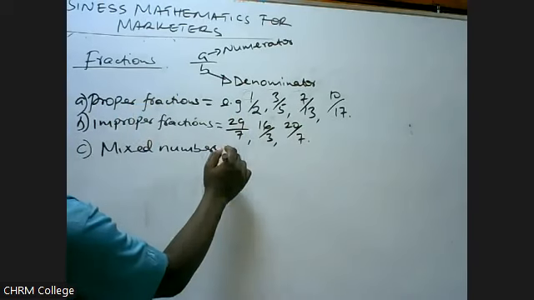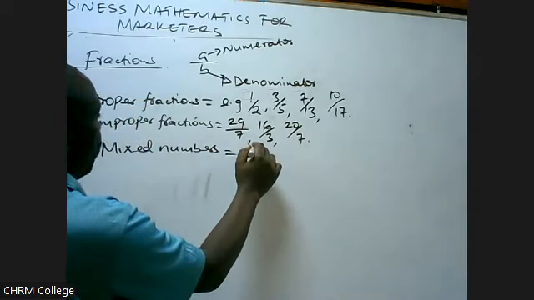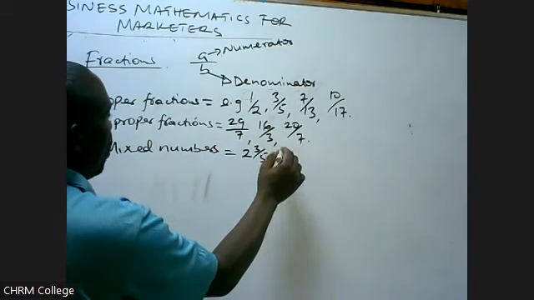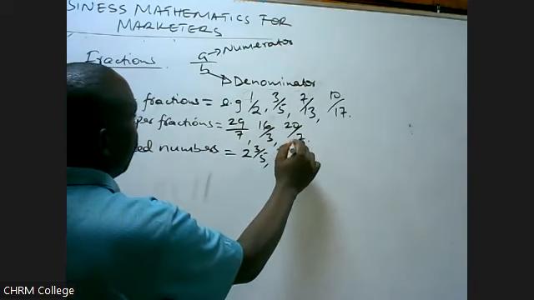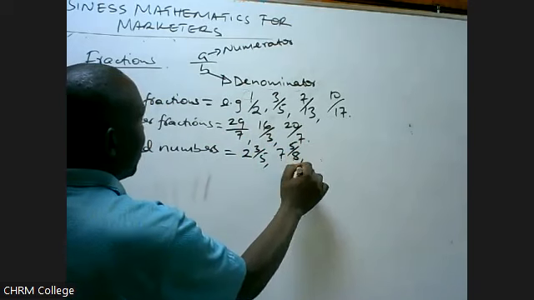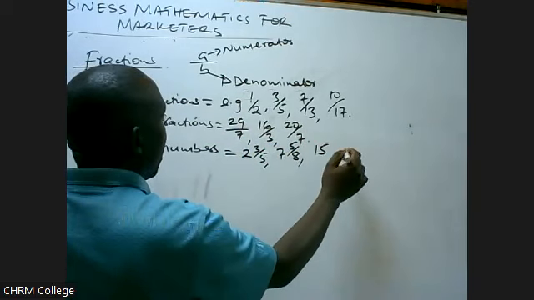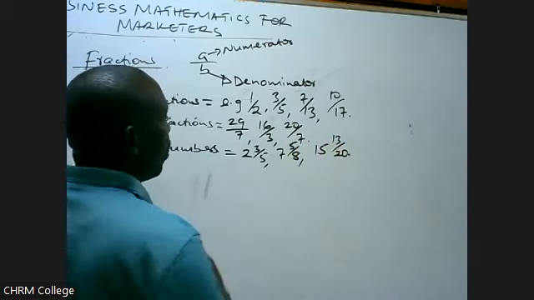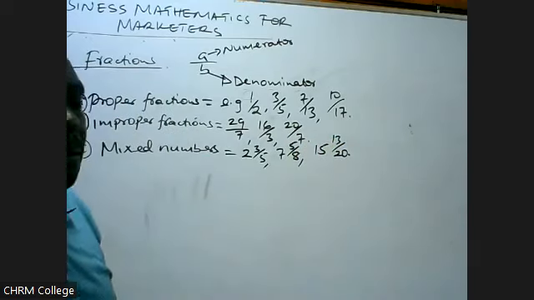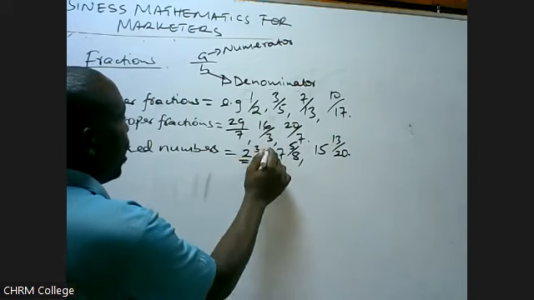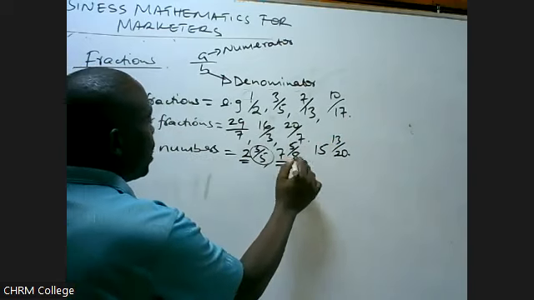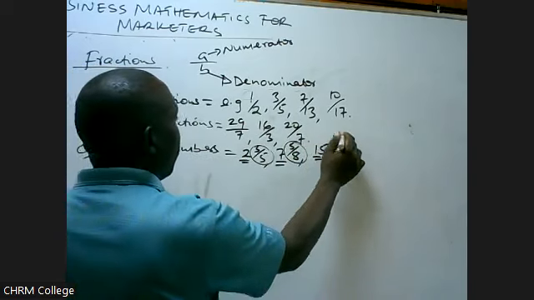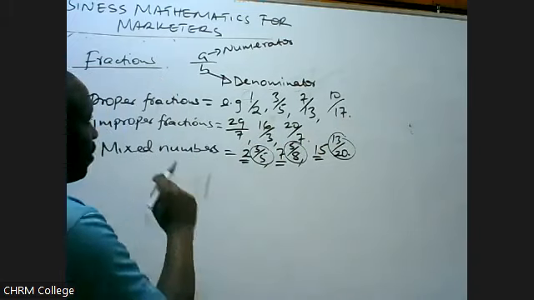E.g., you have like 2 and 3 over 5, 7 and 5 over 8, 15 and, for example, 13 over 20. Those are known as mixed numbers. There is an integer here and a proper fraction. These are known as the mixed numbers.